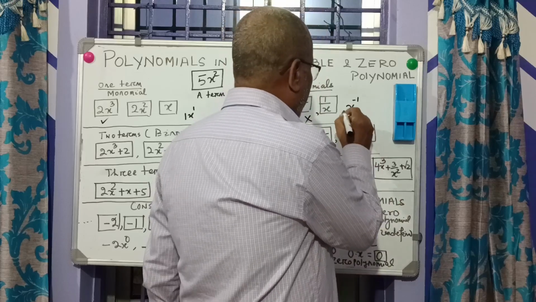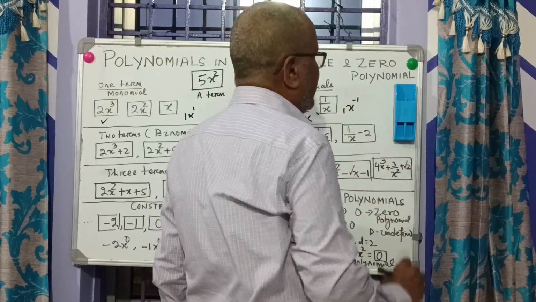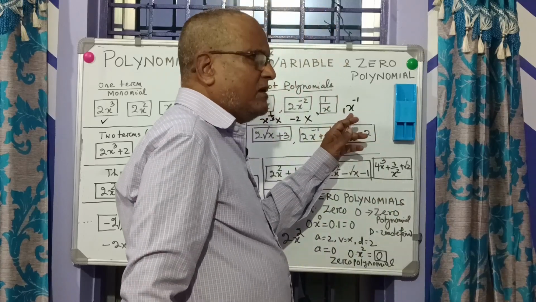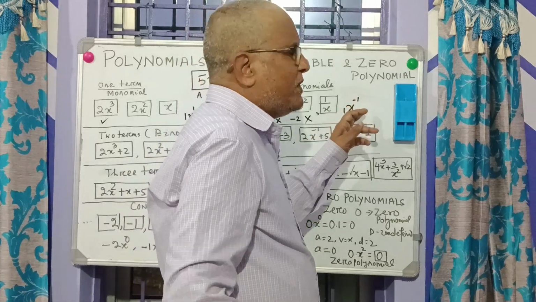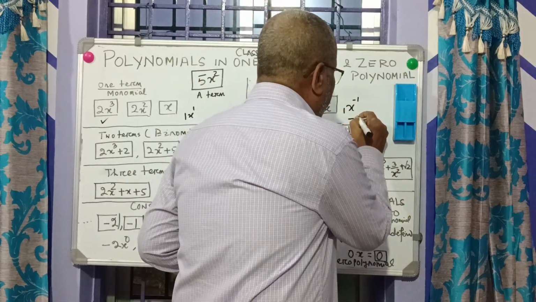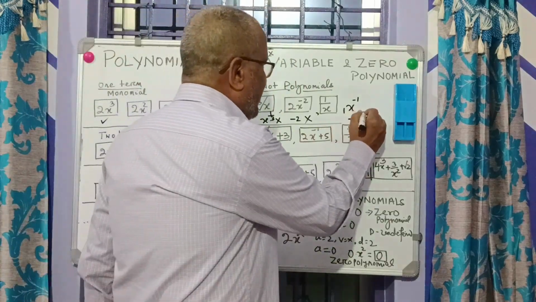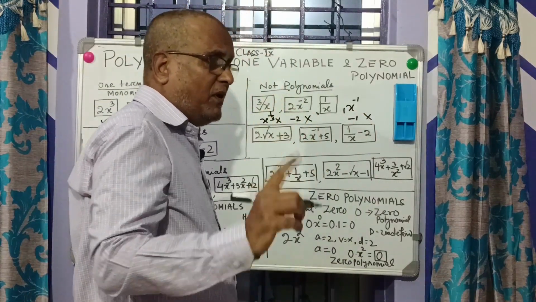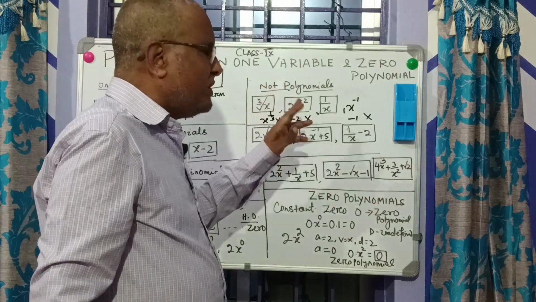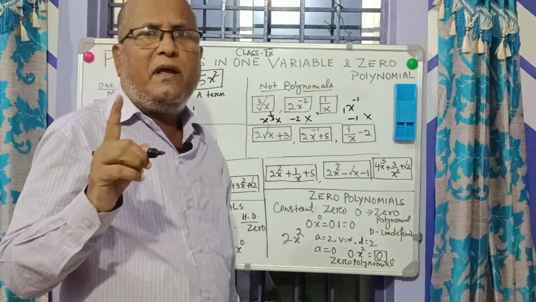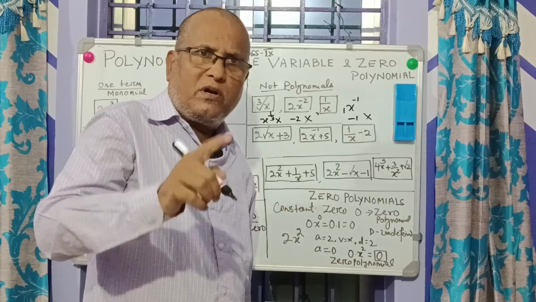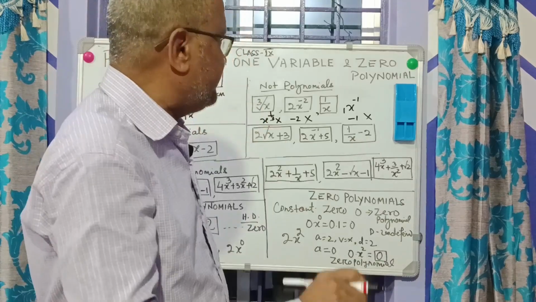So the variable is x, the coefficient is 1, but the exponent is a negative integer, minus 1. So this is not a polynomial. Please remember, the exponent should be a whole number and the lowest whole number is 0.